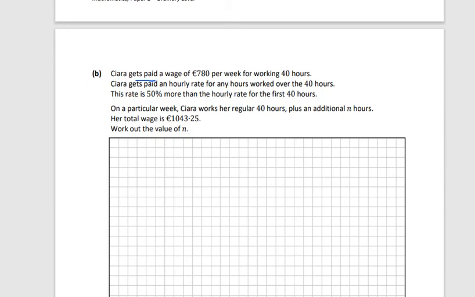So this question then, she gets paid 780 for working 40 hours. So we do 780 times 40, and we see what that gives us. 31200. Sorry, I just misread it. That doesn't make sense.